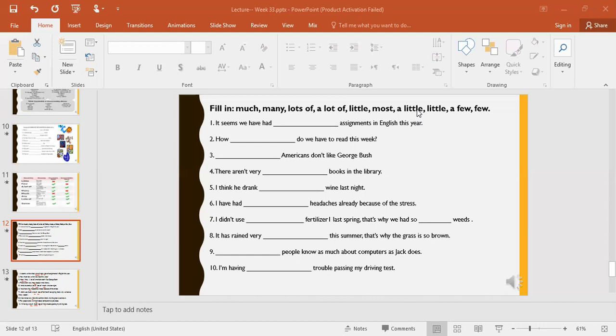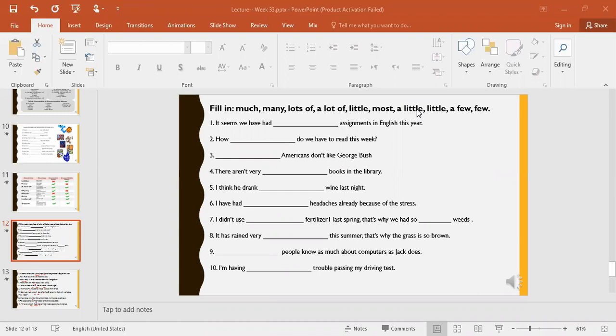I have had headaches already because of the stress. You? I have had already because of the stress. Miss, think logically if you want, please. Nobody is complaining to you. I have had a lot of headaches already because I am having headaches to begin with.